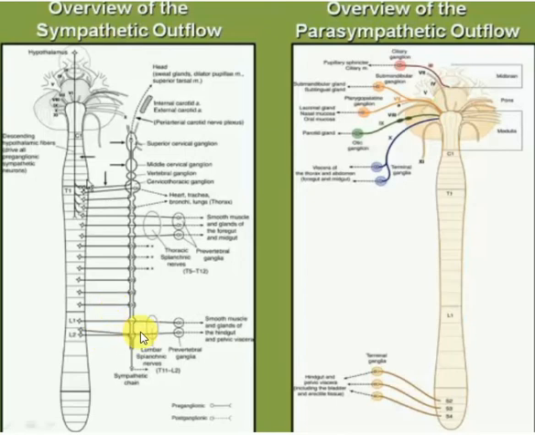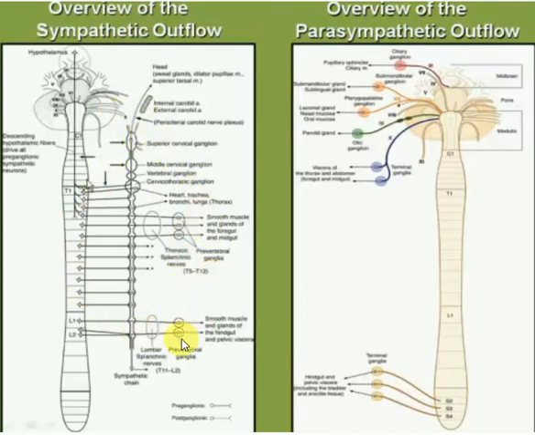Now, another difference is in the function of the two systems. The sympathetic system is also known as the fight or flight system, and the parasympathetic system is also known as the rest and digest system. In terms of function, the sympathetic system controls responses related to fight and flight reactions.